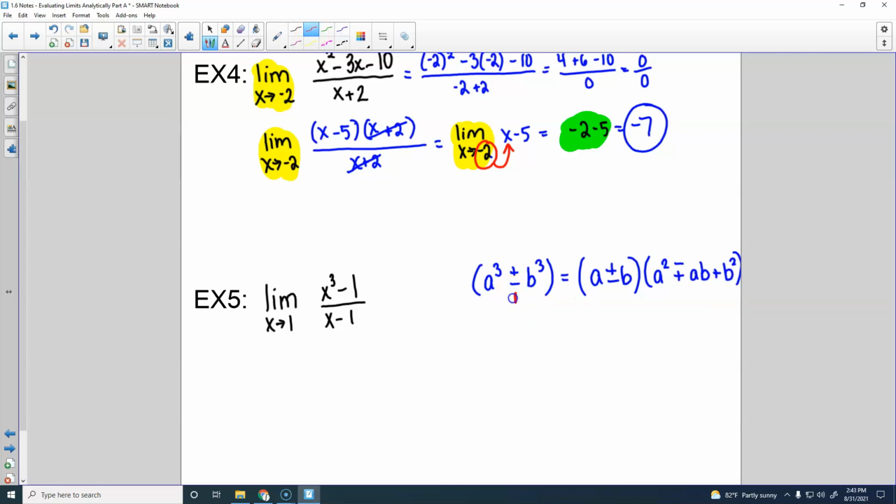Whatever sign you have here, it's going to be the same sign here. So if it's positive here, it's going to be positive here, and then it's going to be different here. And then this one is just always positive. So, same sign, different sign, always positive as far as your signs go.